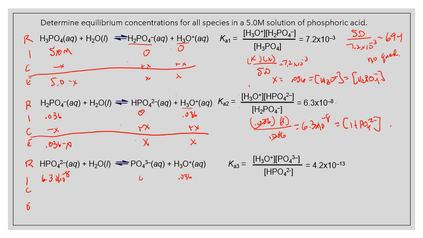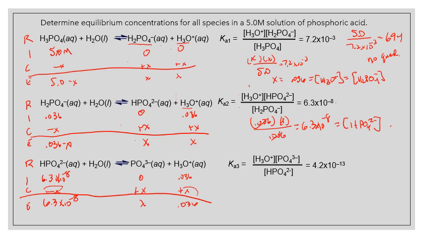So I keep that in, I'd have 0, so minus x, plus x, plus x. So at my equilibrium, 6.3 times 10 to the negative 8th, x, and 0.036. Again, such a small value for Ka, don't need to include the x on this one or on this one because the change will not make any difference.